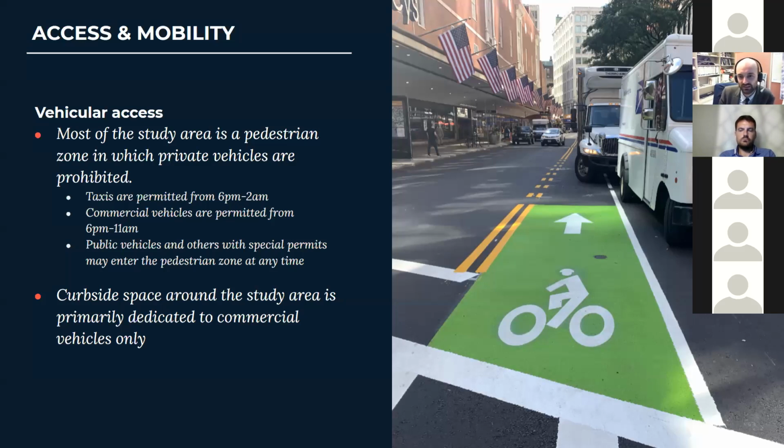As we'll see in some of the slides up ahead, though, we do have some issues with compliance across the board that create some challenges for this district functioning as the highest and best version of itself. So that's one of our goals, trying to bring a little bit more functionality to that. Most of the curbside space that does exist in the study area is primarily dedicated to commercial vehicles.